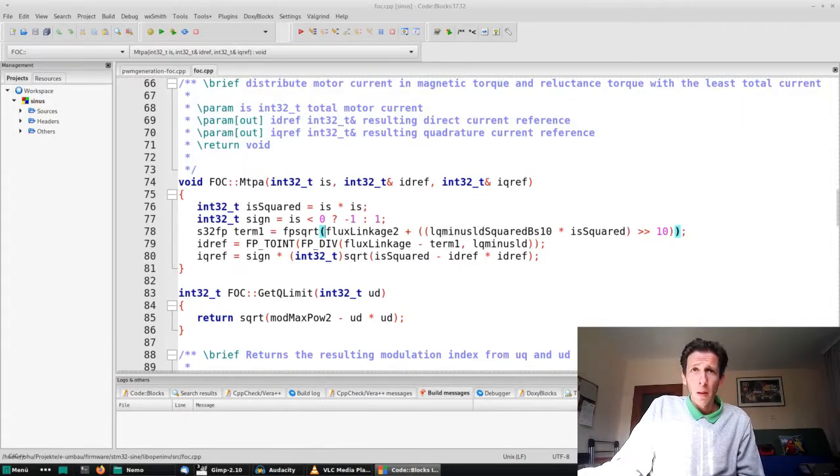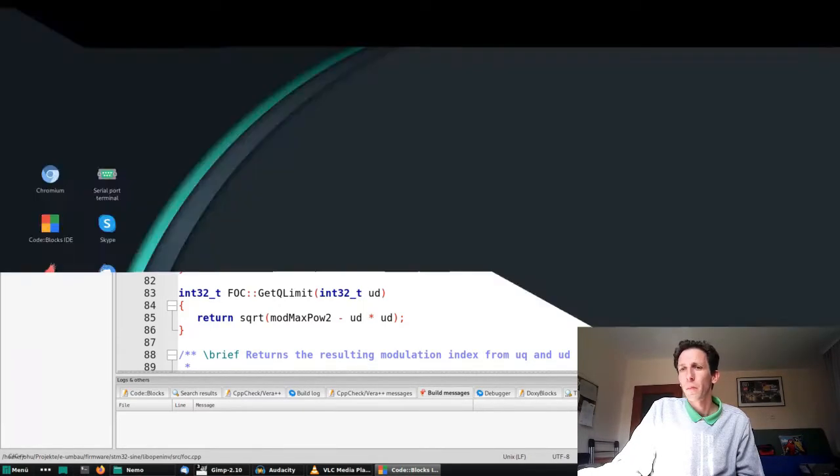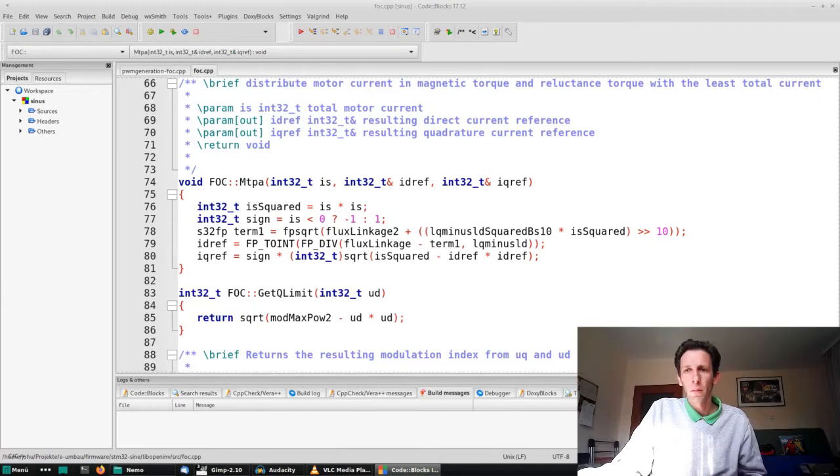Yeah, so in the end we have a reference for our direct and quadrature current, and this is passed back to the calling function. Yeah, that's all that MTPA is. Thanks TI for writing it up.